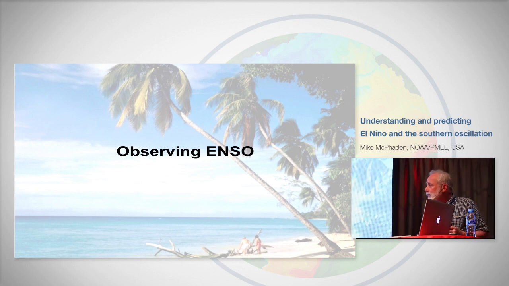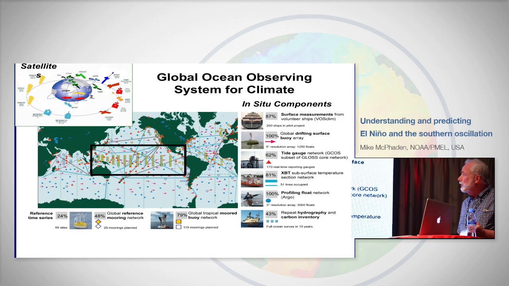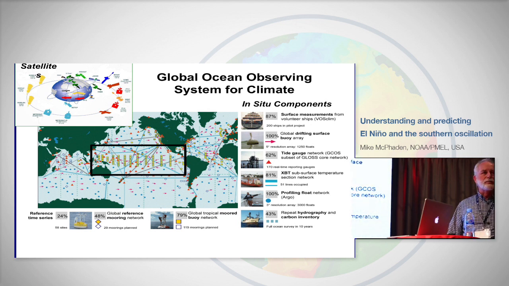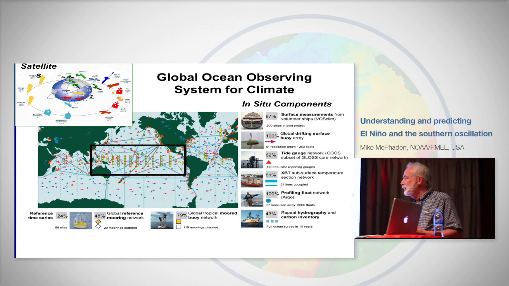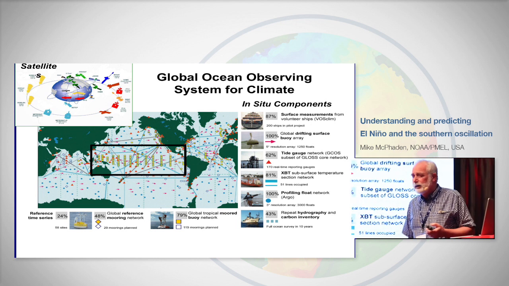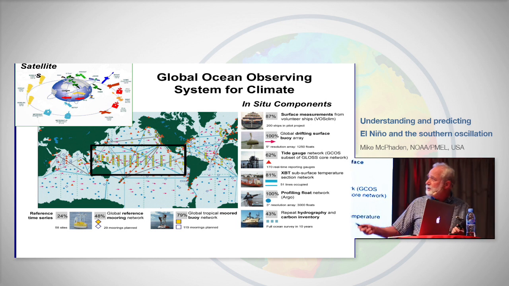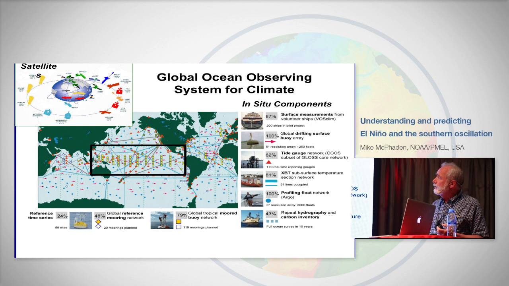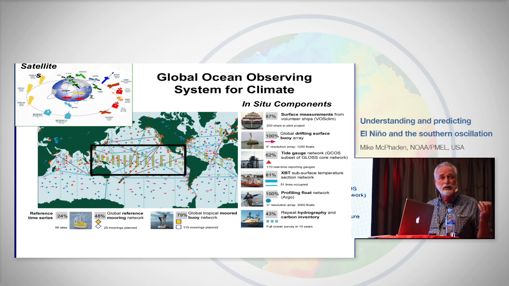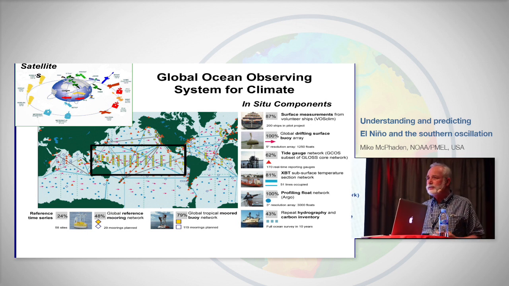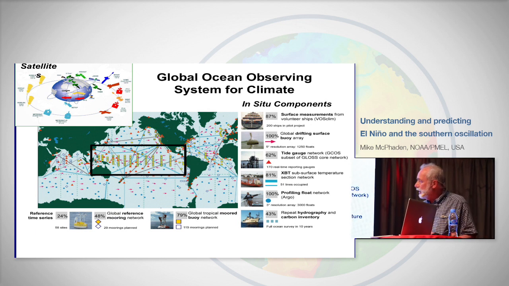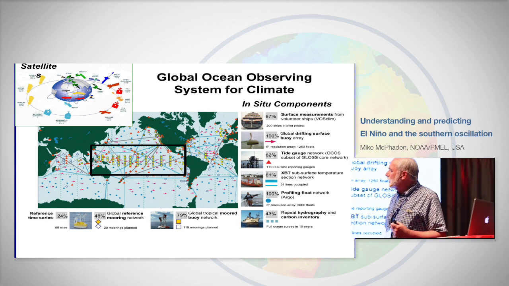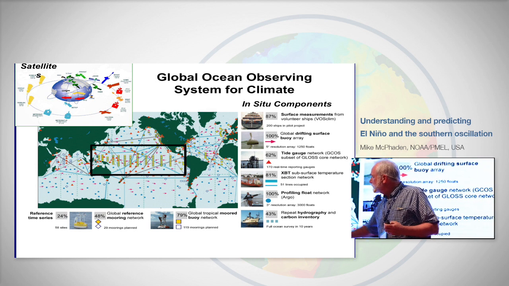How do we observe El Nino and the Southern Oscillation? And Johannes has already talked about this a little bit. We have a global ocean observing system that has been developed over the past 30 years or so, and it consists of a constellation of Earth-observing satellites for variables such as surface winds and sea surface temperature, surface heights, surface salinity, and other kinds of variables.